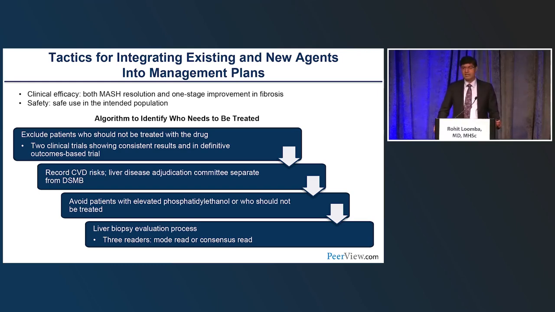We also want to look at cardiovascular risk benefits related to the therapy that we are using, and avoid patients who have higher alcohol consumption, because that may be leading to progressive liver disease, and identify those patients and tackle that up front by asking them to reduce their alcohol consumption.